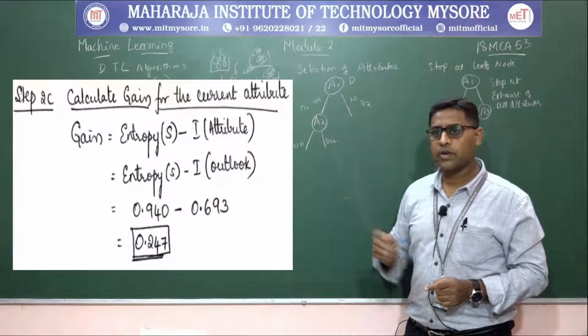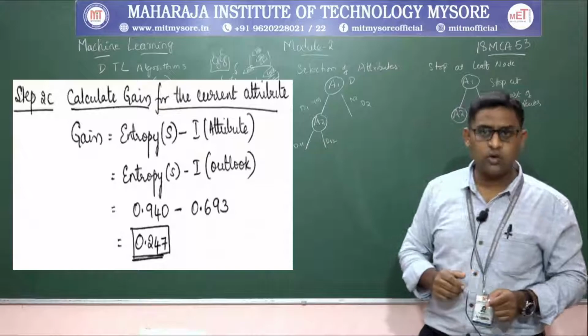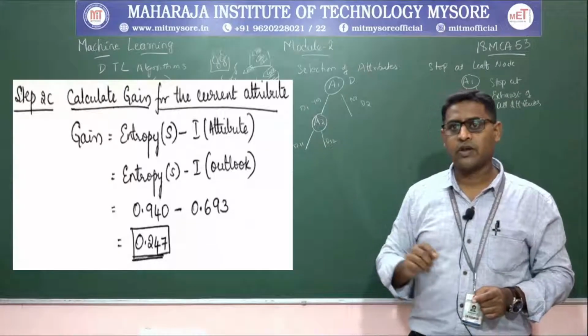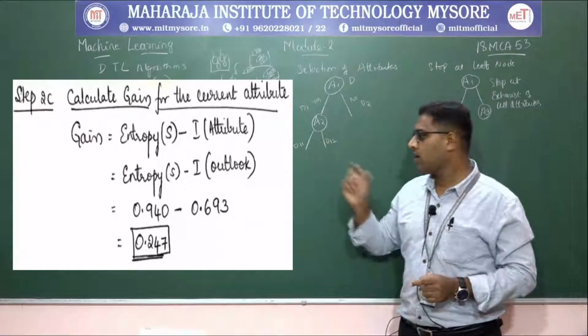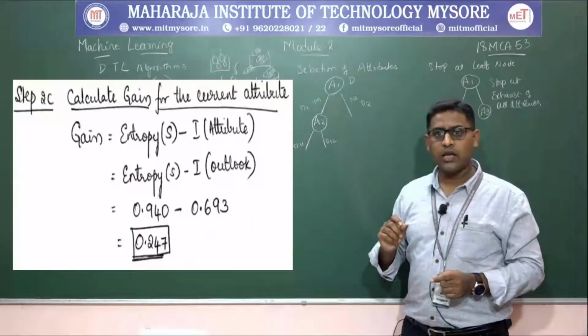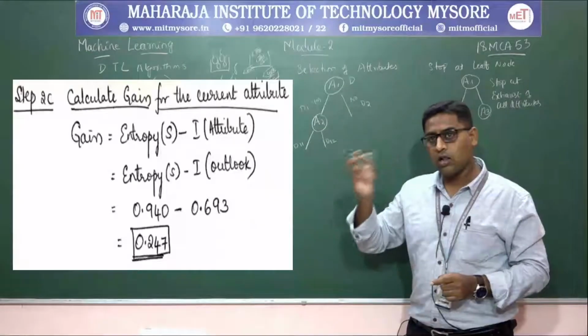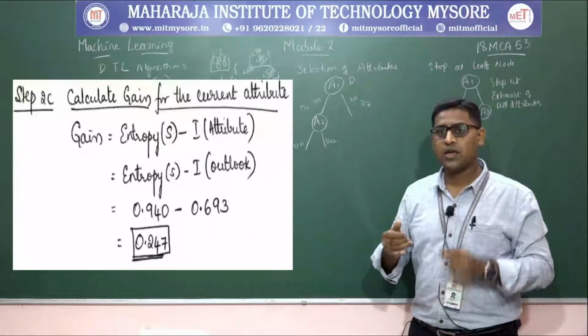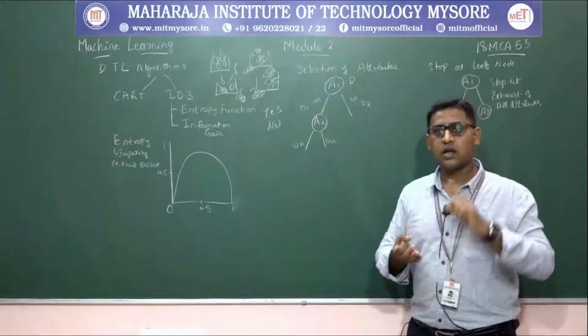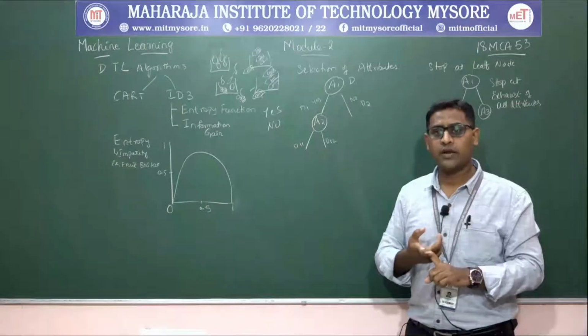So 0.940 minus 0.693 is 0.247. So 0.247 becomes the gain value of the current attribute. Similarly, you need to find out the gain value of all the attributes: outlook, temperature, humidity and windy.